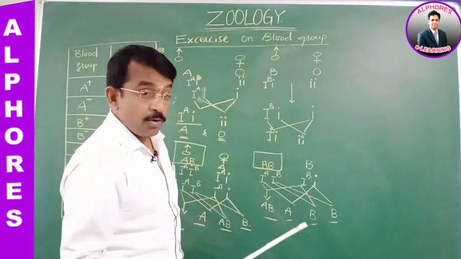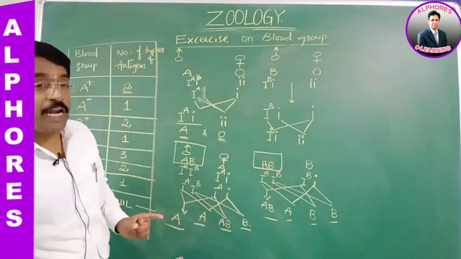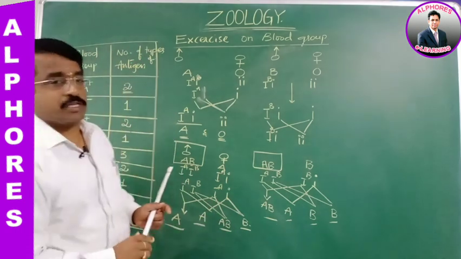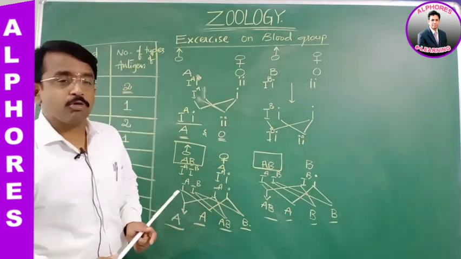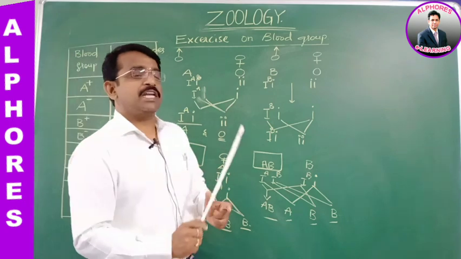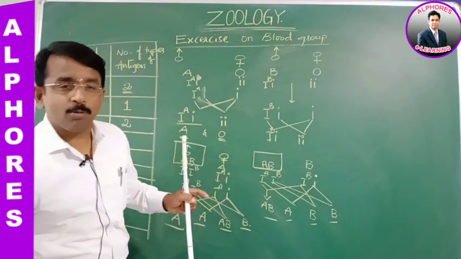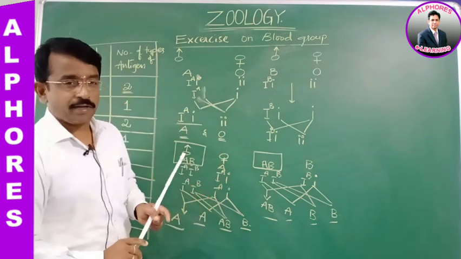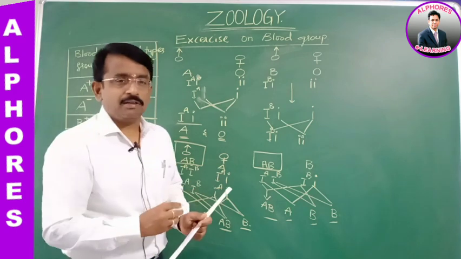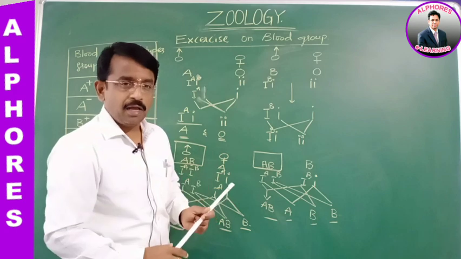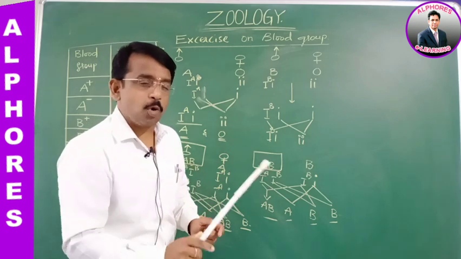No. You may be asked questions like this: if one of the parents is AB blood group, is there a possibility of O blood group? No.